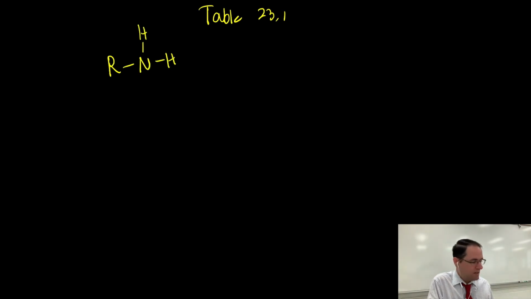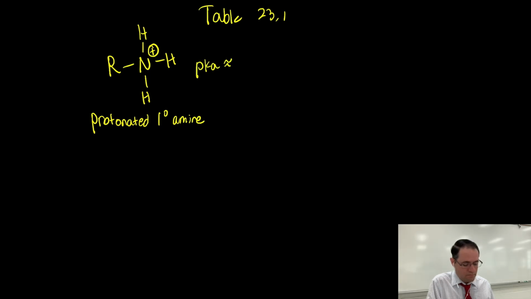I'm going to say the pKa of a protonated primary amine is about 10, okay?